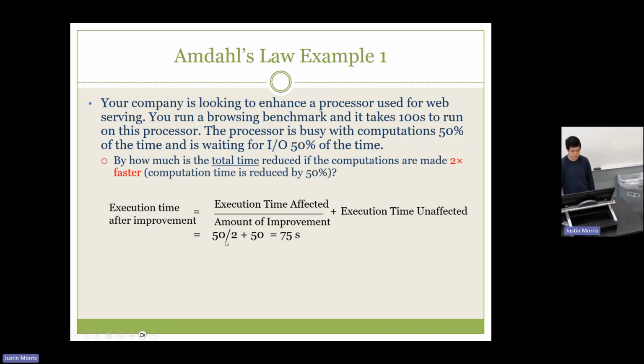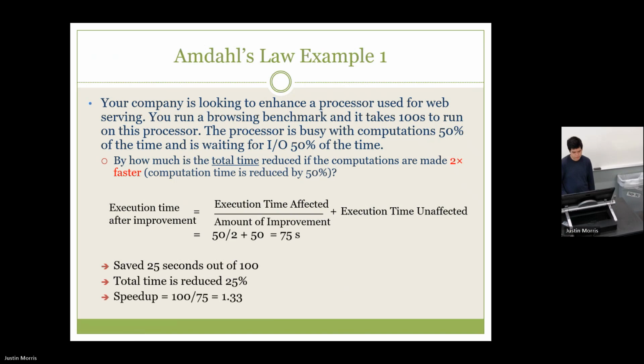We made this 2 times faster, but we did not affect this. So overall, our new execution time is 75 seconds, which is a total reduction of 25%, or a speedup of 33%, 1.33. Right, so we made computations 2 times faster, but our overall performance is only 1.33 times faster.